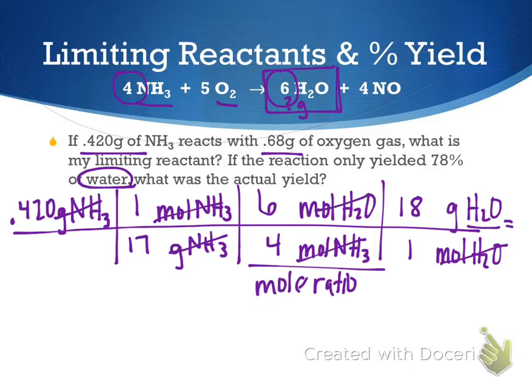So now we make sure all of our units cancel the way they should have. We're done with grams. We're done with grams. We're done with moles and moles and moles and moles. We're left with grams of H2O, which is exactly what we wanted. Okay, so we're going to do the math here by multiplying across the whole top, divide by the whole bottom. Okay, so go ahead and get that plugged in.